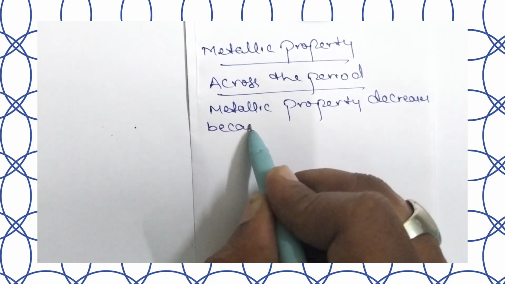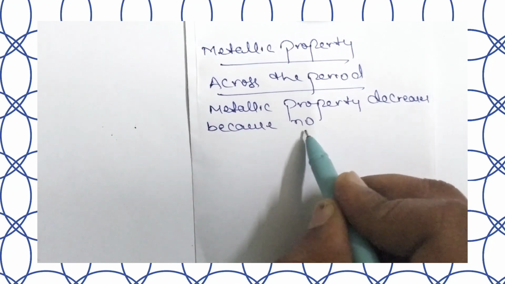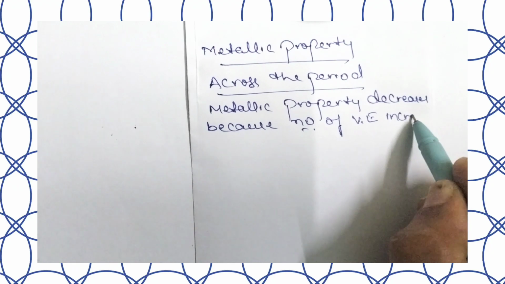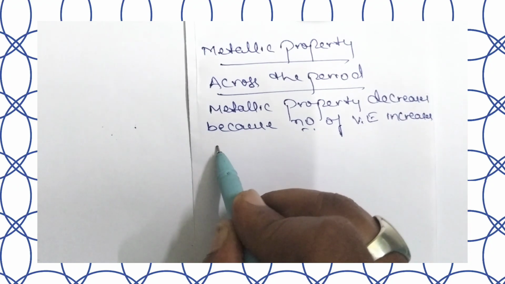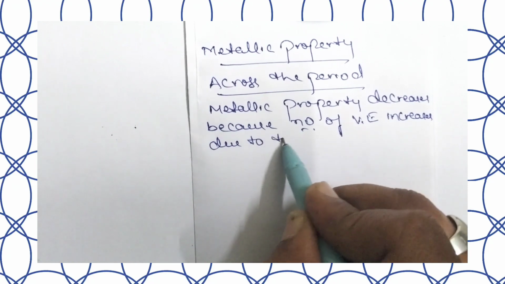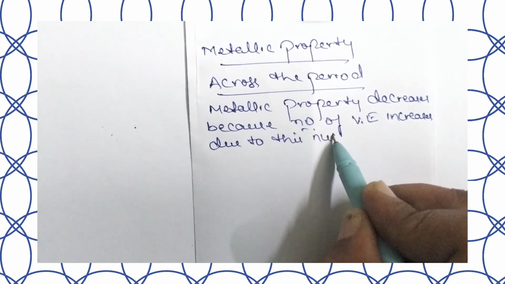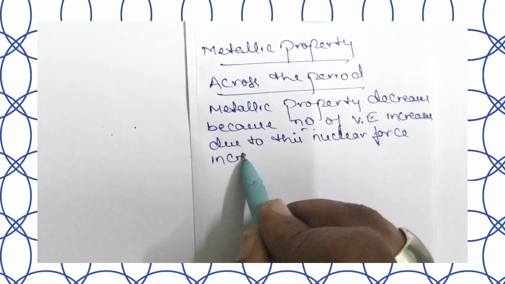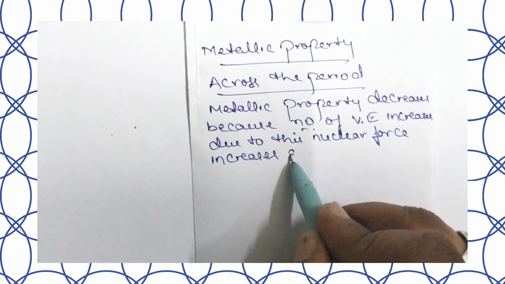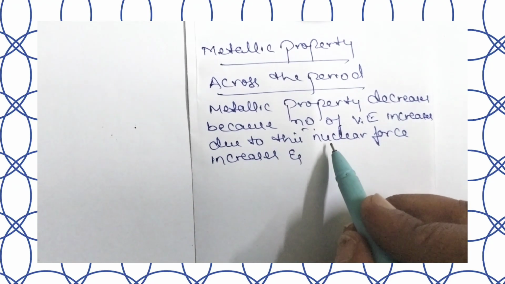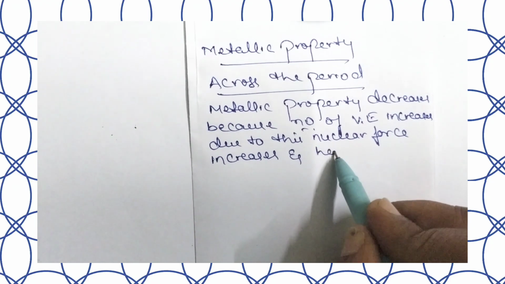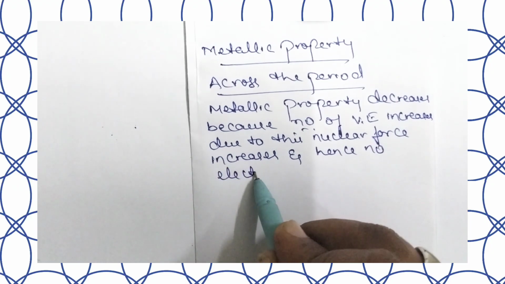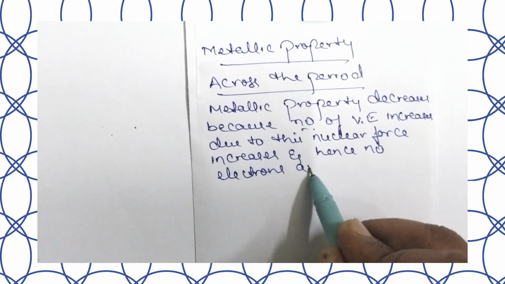because the number of valence electrons increases. Due to this, the nuclear force increases, and hence no electrons are set free.